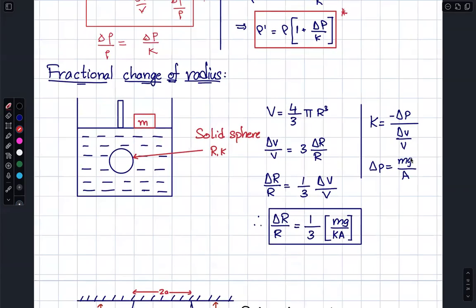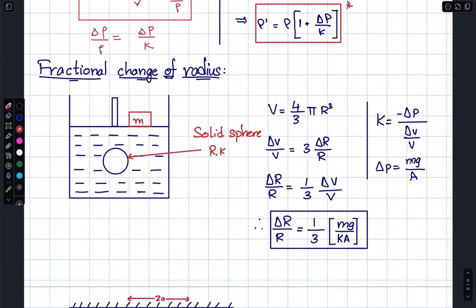Next. Fractional change of radius. So your sphere here, already there is some pressure prior to adding this. The volume of the sphere is 4 by 3 pi r cube. For a small change, all this is a constant. So delta V by V, you just do differentiation.